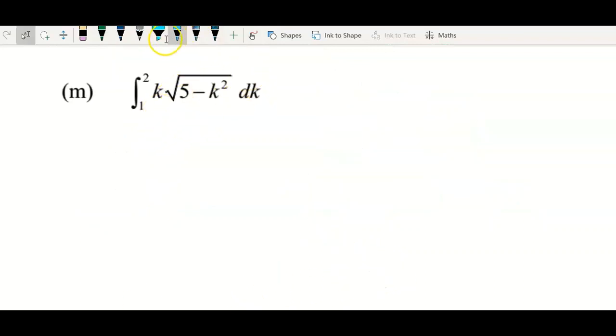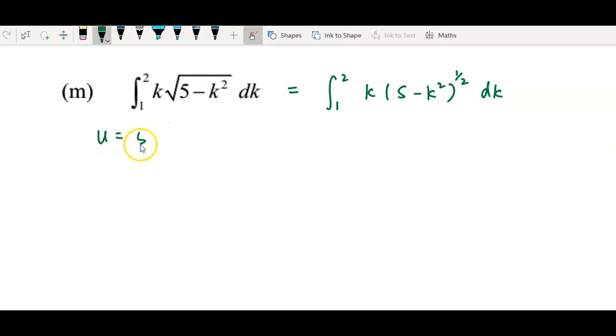Same thing for this question. If we rewrite the question into this form, you will see that we are going to use substitution. Alright, so this is 5 minus k squared, power of 1 over 2, dk. Now we are going to let u equal 5 minus k squared, and du dk equals negative 2k.